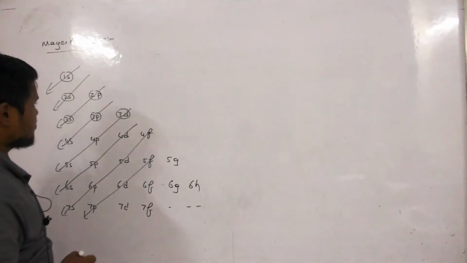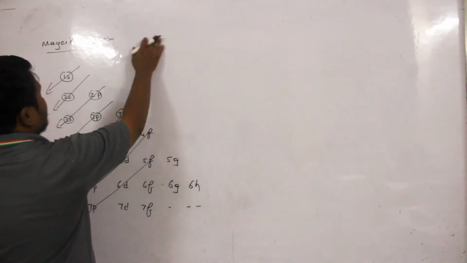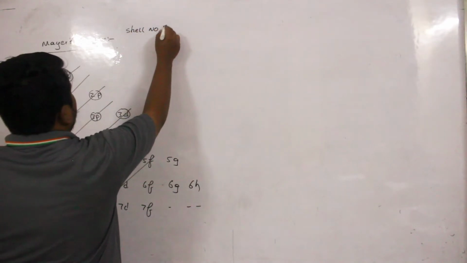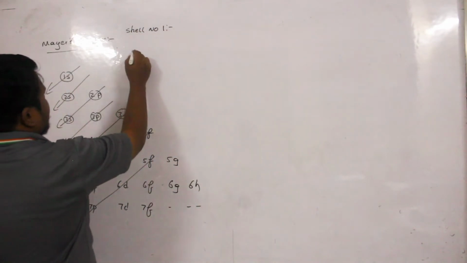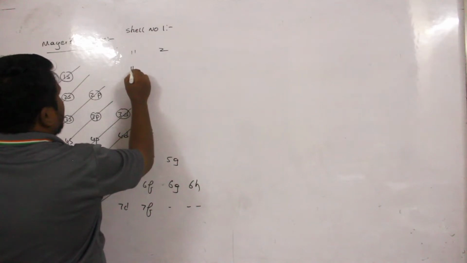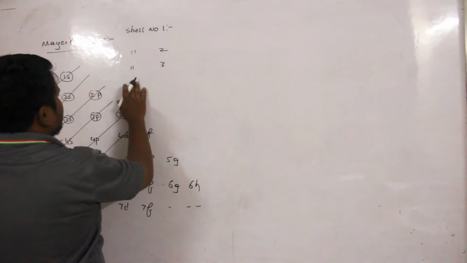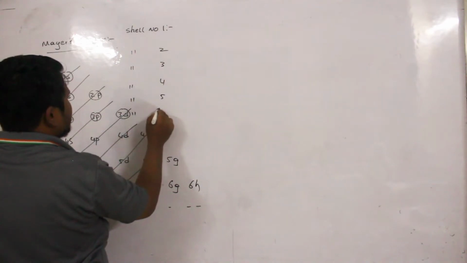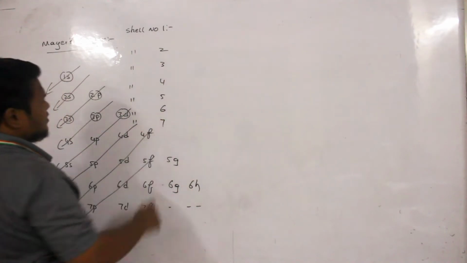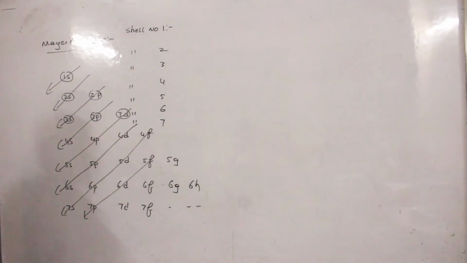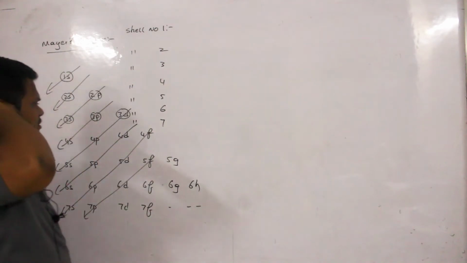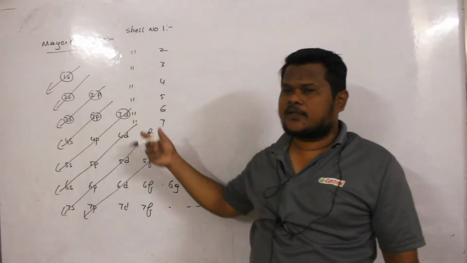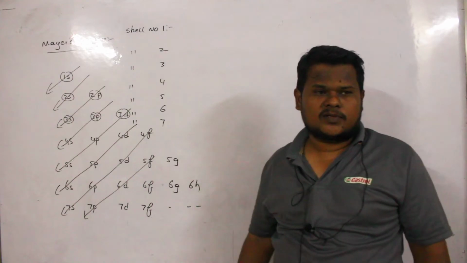So according to this one, for example, if I take shell number 1, similarly I will write shell number 2, shell number 3, shell number 4, shell number 5, shell number 6 and shell number 7, 7 shells. In the periodic table, all the elements in the first period start with S subshell only.